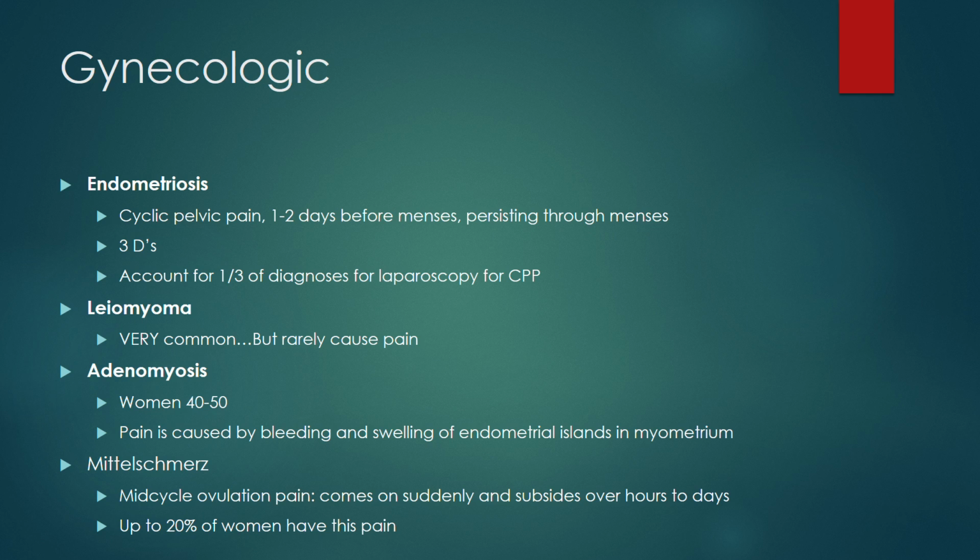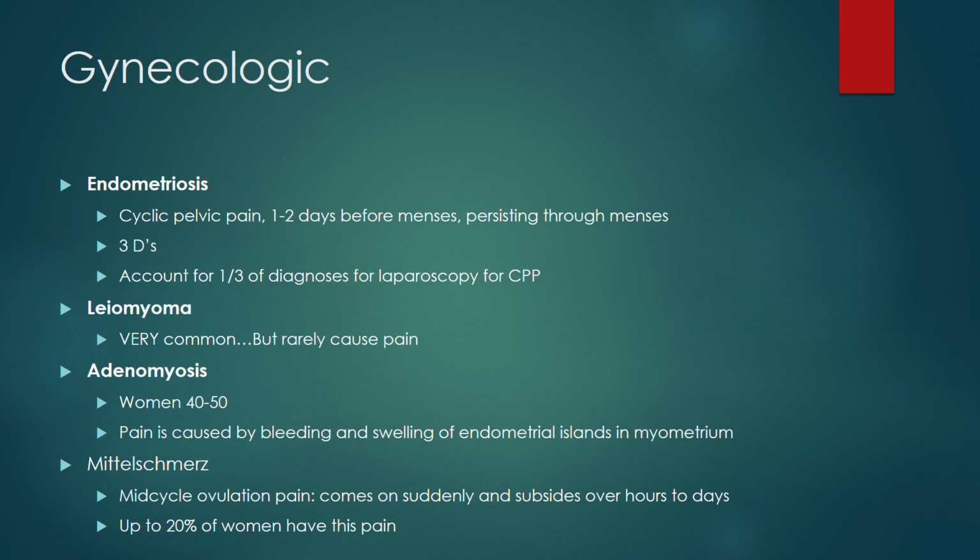For gynecologic causes, I mentioned endometriosis, obviously a very common cause of pain. We've talked about it before. We get the cyclic pelvic pain picture that starts 1 to 2 days before menses and then persists through. Contrast that with primary dysmenorrhea, which usually starts on the first day of menses or the first couple of days of menses rather than a couple of days before.